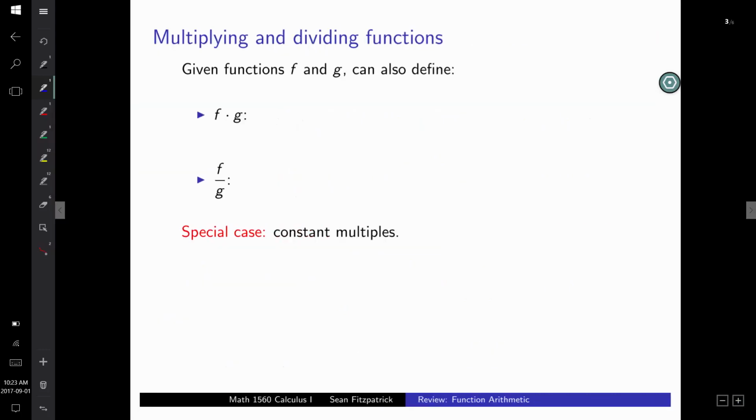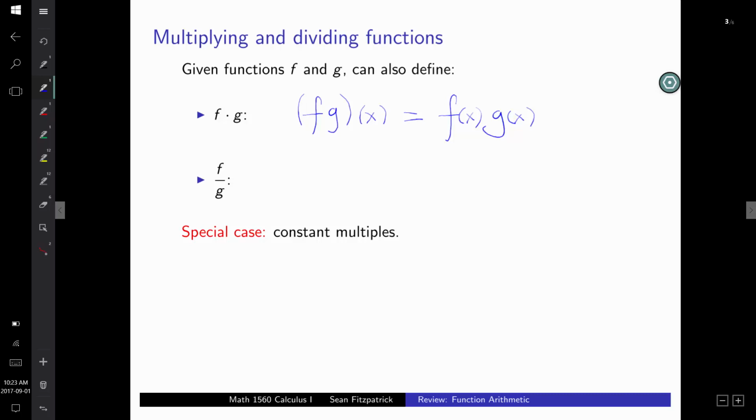The same rule, of course, goes for multiplication and division as far as the domain goes. And the way you define these, you can probably guess that the definition is exactly the same. If I want to define f times g, I can define that as f of x times g of x, so you simply multiply the two values. So if you want to multiply functions, you multiply the values.